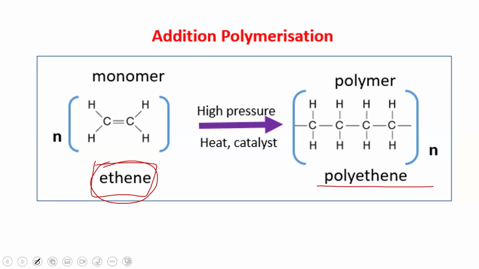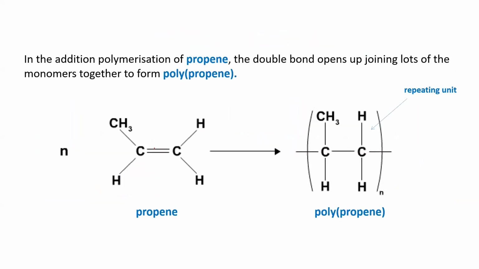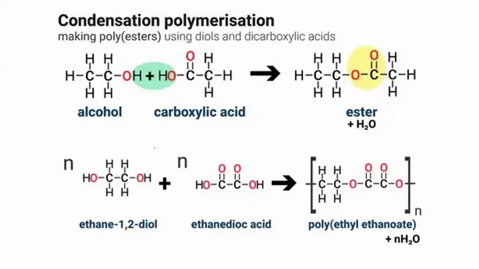Okay, so cracking is another good example, where a lot of the ethene is made. We then use ethene in addition polymerization with pressure, heat, and catalysts to make plastics. All sorts of plastics are made with ethene.